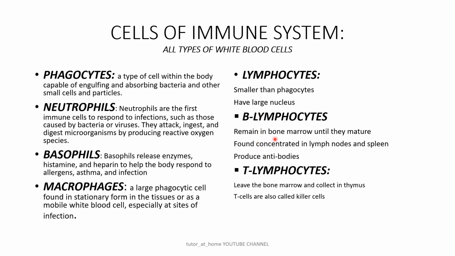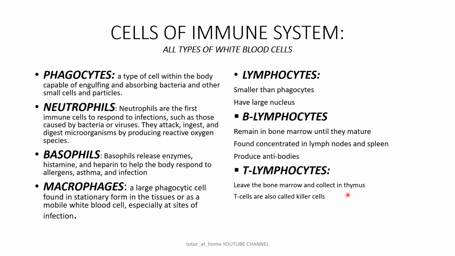B lymphocytes remain in bone marrow. You can remember it as the letter B in the beginning. It is named so because they remain in bone marrow till their maturation. They are found concentrated in lymph nodes and spleen and produce antibodies. Whereas T lymphocytes, though formed in bone marrow, collect in the thymus.